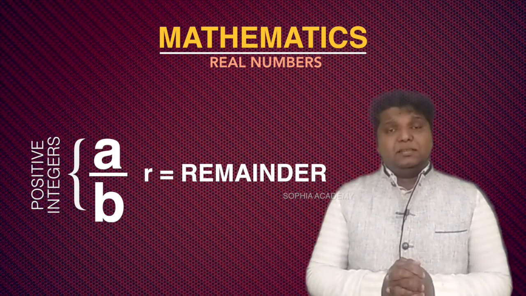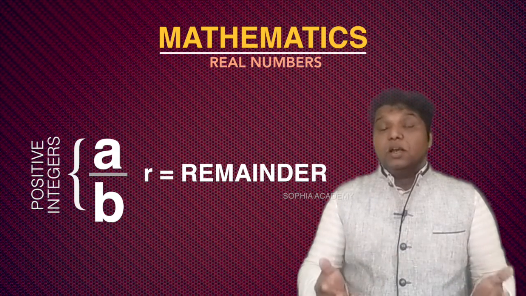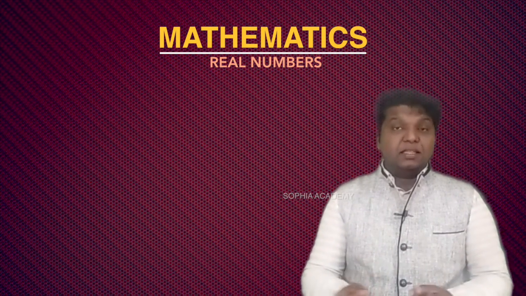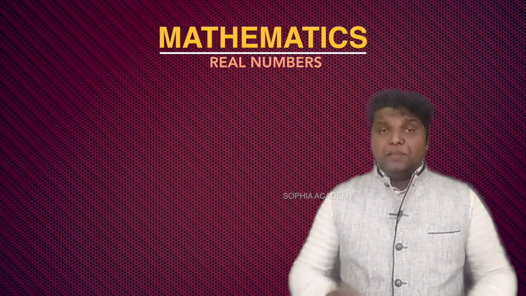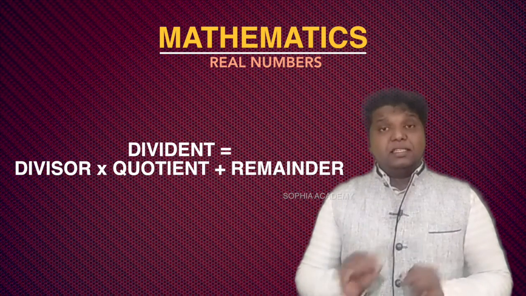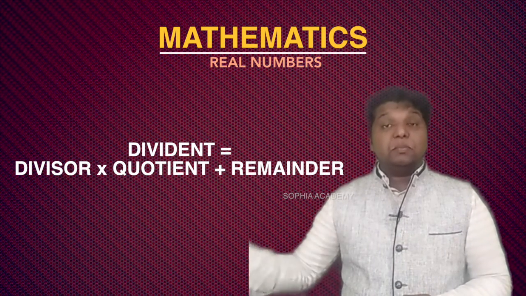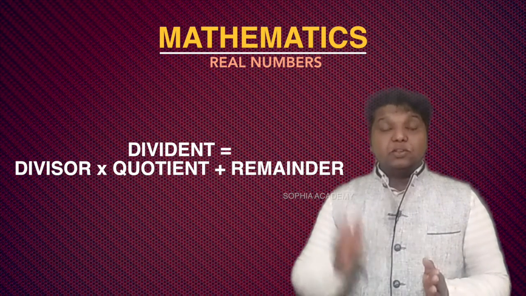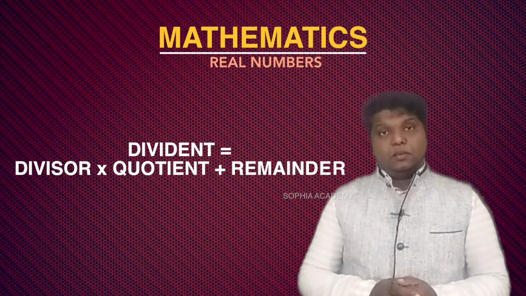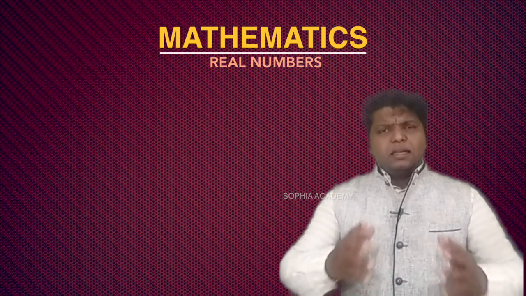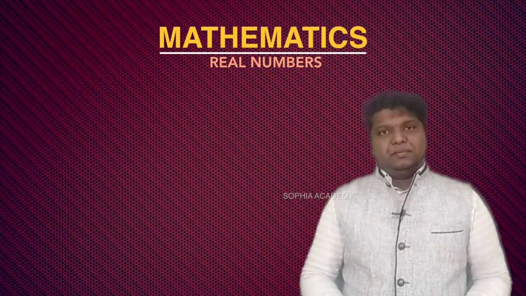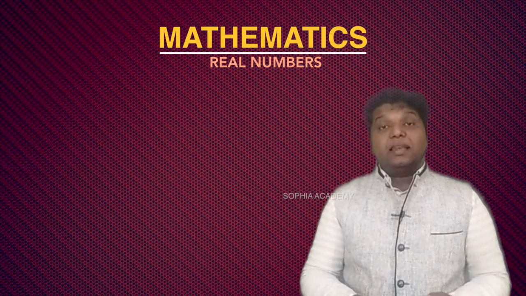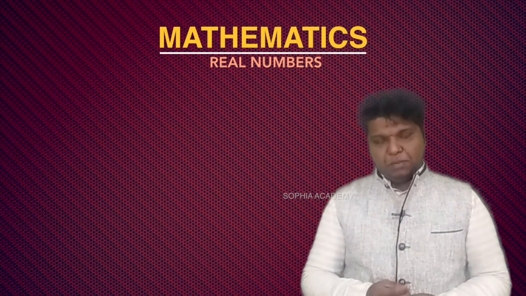Now you can express this because already you know, when you were studying in your 6th, 7th classes, we studied like this: dividend is equal to divisor multiplied by quotient plus remainder. You have studied that one. So same thing we are going to use here, the same application, to find the HCF of any given two numbers.